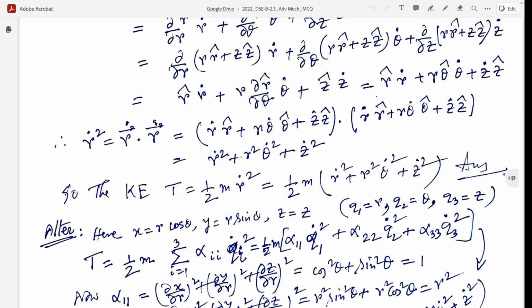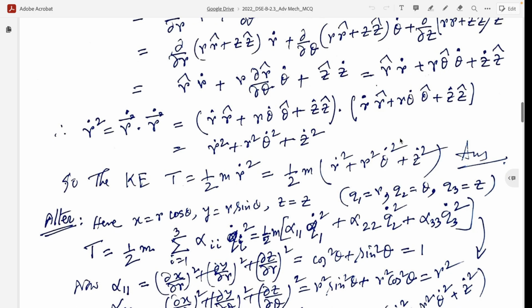This dot means d/dt, so this vector dot this vector, and hence r dot square, r̂ square means 1, r square θ dot square, θ̂ square means 1, and z dot square, ẑ square means 1.